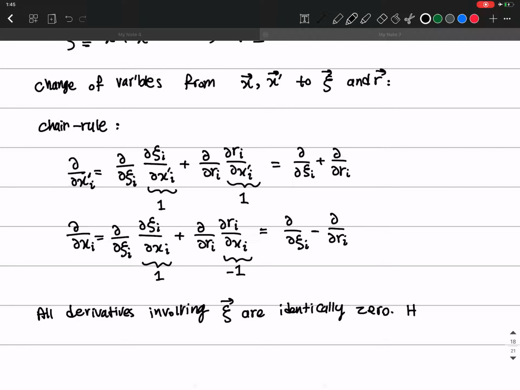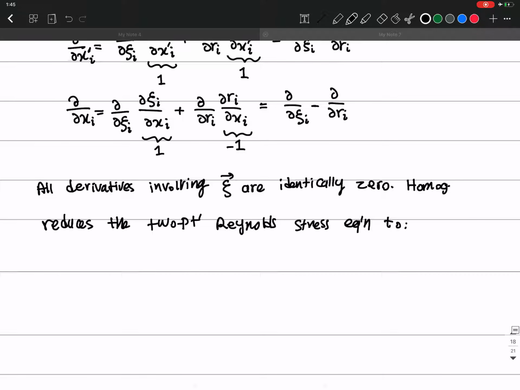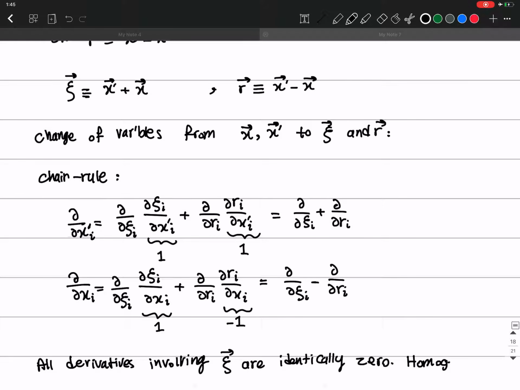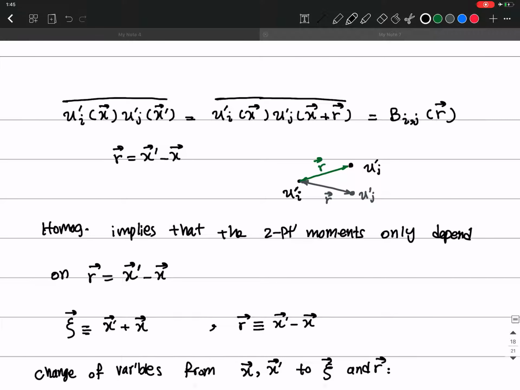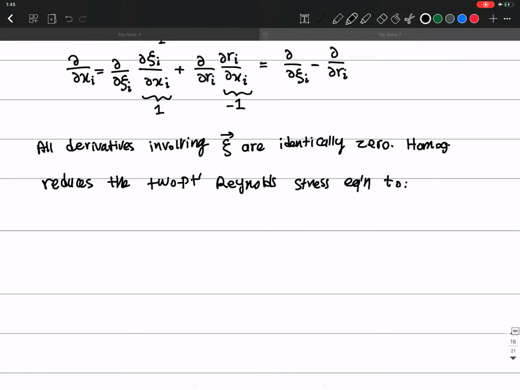And in homogeneous flows, homogeneity reduces the two-point Reynolds stress equation to the following. Because of homogeneity, the only thing that matters for mean variables is their distance, and it's not going to depend on their sum.